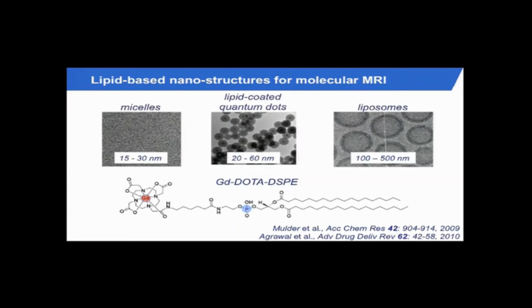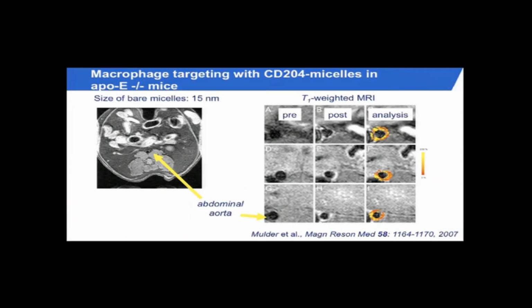We've used these, for example, to look at macrophage targeting in advanced plaques, work pioneered by Willem Mulder in our group. We have CD204 targeted particles, which target a scavenger receptor expressed by macrophages in the plaque. As you can see, in these mice they generate a very strong signal change in the abdominal aorta, which we can nicely analyze. So these are nanoparticles for macrophage activity.